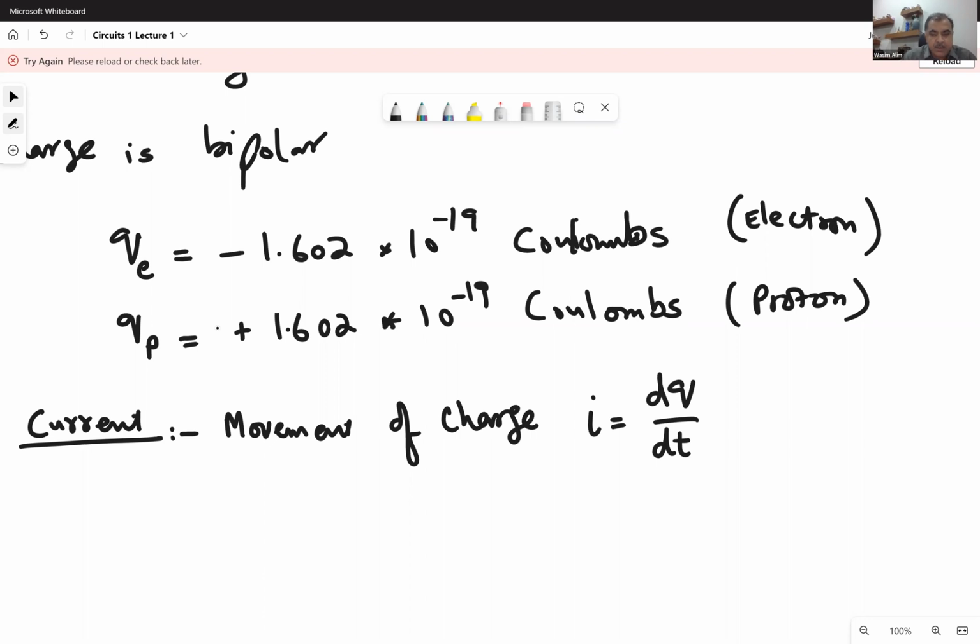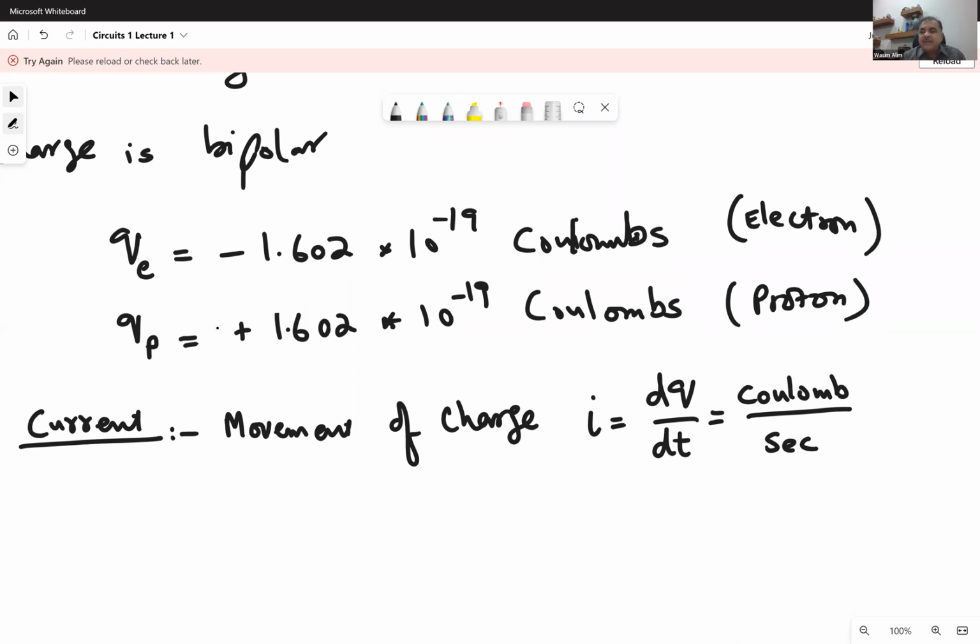Okay. So in other words, the units are coulombs and seconds. So the current can be quantified in terms of units as coulombs per second.